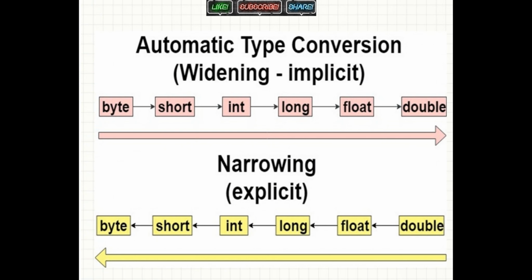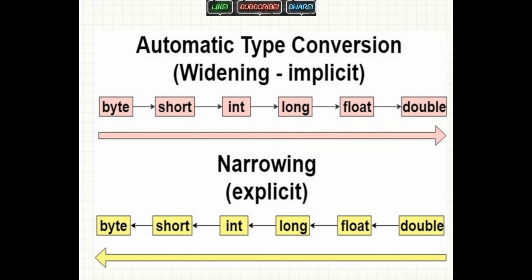Widening means implicit, narrowing means explicit. So please remember that. Byte can be converted to short, short can be placed in int, because it is very easy to understand that when we go from byte to double, I have already told you that the memory, that is the storage, is increasing.